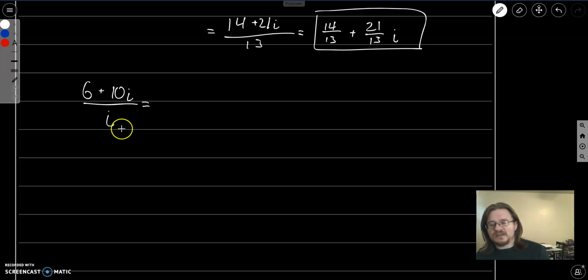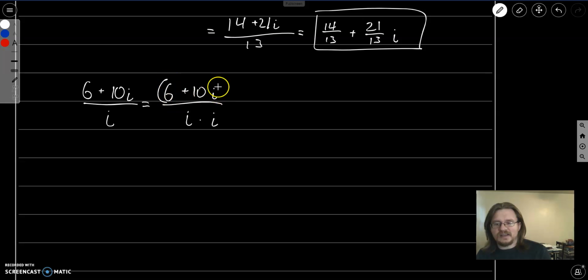I think the easiest way to turn this into a real number would be to multiply the bottom by i, and then I can multiply the top by i as well. So I don't have to multiply by exactly the conjugate here, because I can make the bottom of this fraction real just by multiplying by i, and it's maybe a little bit simpler. So if I just multiply the bottom by i I get negative 1.